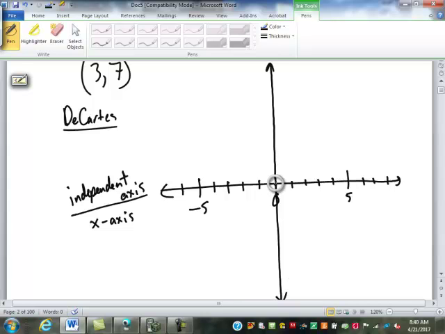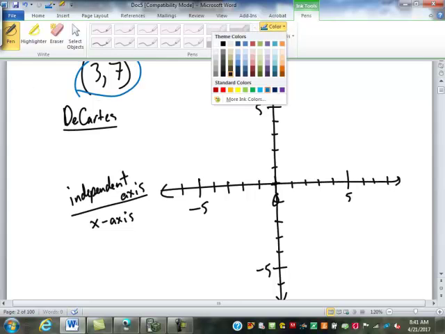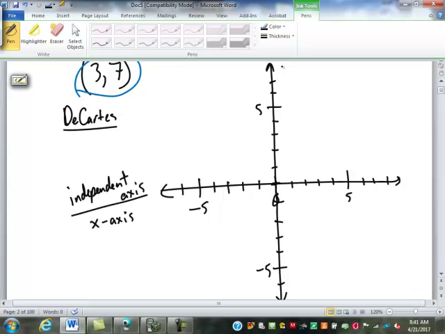Through the 0 of the first number line, and the 0 of the second number line was at that same spot, numbering up as positive and down as negative. So now to represent an ordered pair like 3, 7, of course, I should get ahead of myself. This second axis is called the dependent axis, or many of you may have heard it referred to as the y-axis.